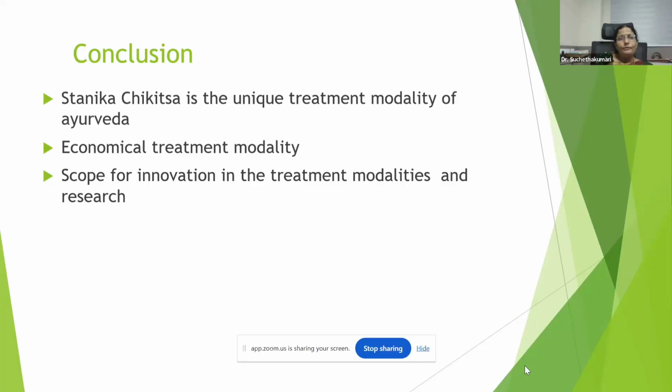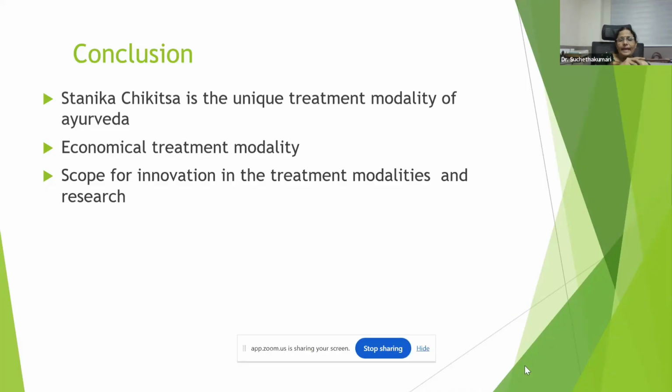Just like I told you, we have made capsules. If the capsules can be given to the patient, she can administer them herself. Similarly, with other modalities, we can make tablets, or for the pichu, sponges are now available, so we can put the medicaments in the sponge and it can be given to the patient.